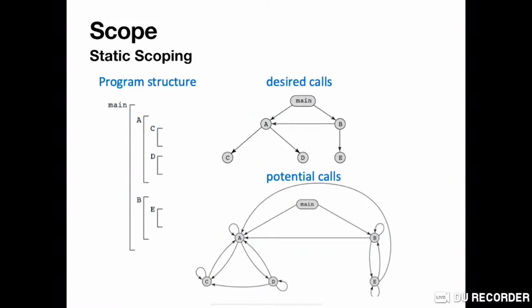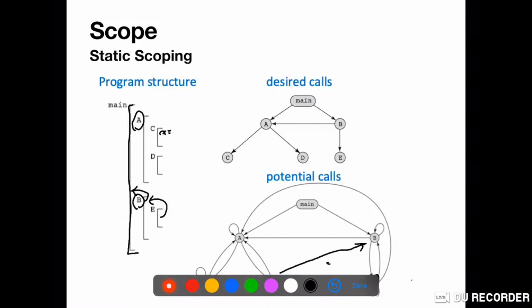So if you look at the picture here, currently D has no access to B. This is the current picture. And what happens if D has to access something in B?